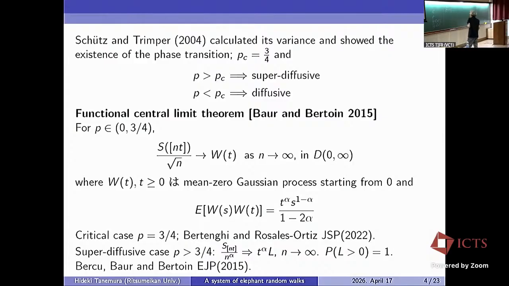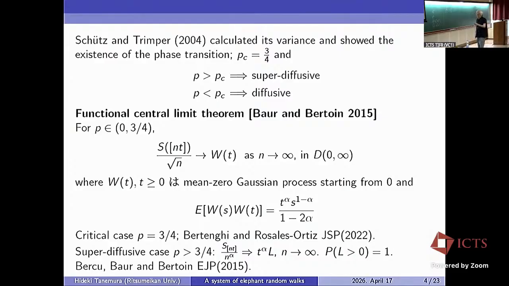To study this model, the martingale argument is very important. By the embedding theorem into Brownian motion and time change, it is very important to check the absorptive behavior of the time change. And finally, we can get this kind of result.